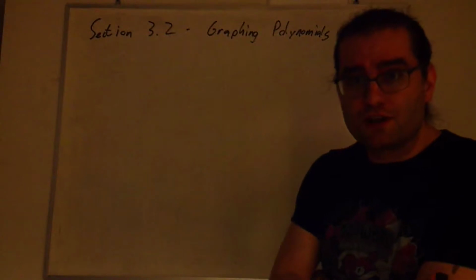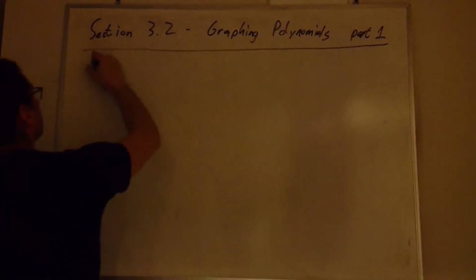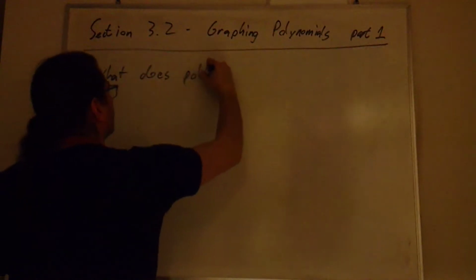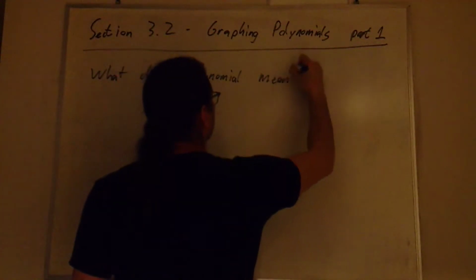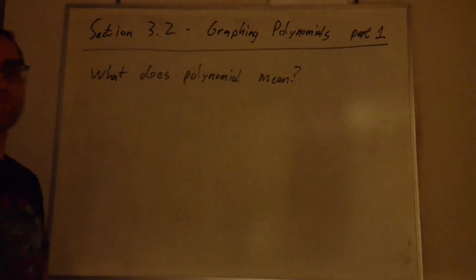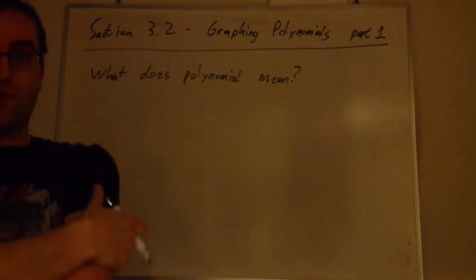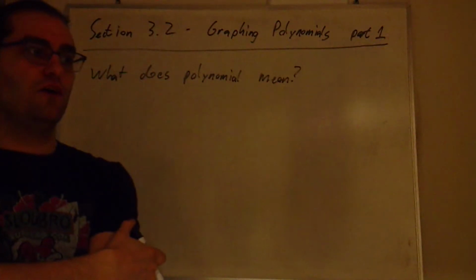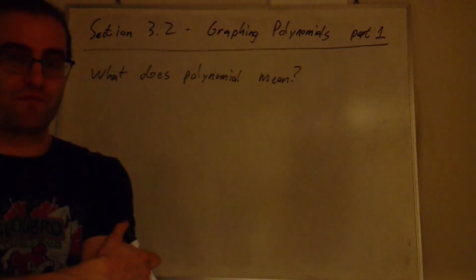First thing we need to talk about is what polynomial means. What does polynomial mean? It's one of my favorite questions to ask in class because what it actually means and what it should mean are completely different things.